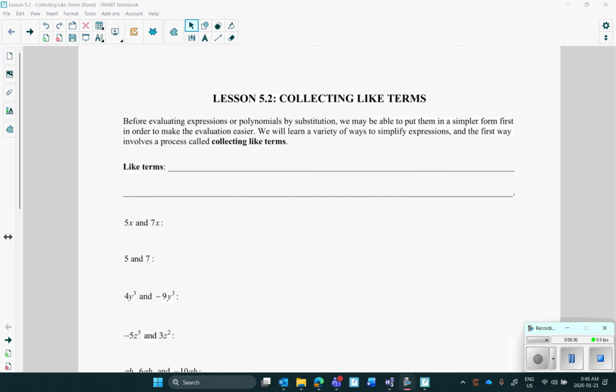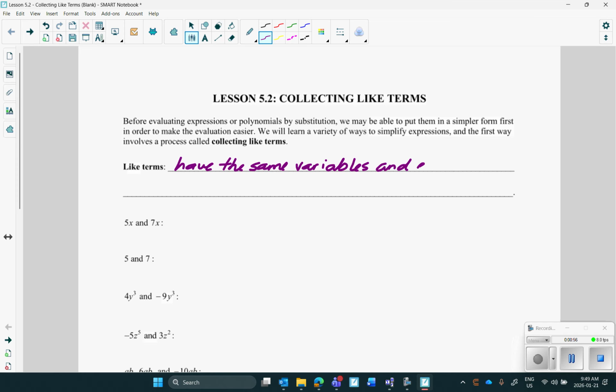Okay, so like terms have the same variables and exponents if there are exponents.